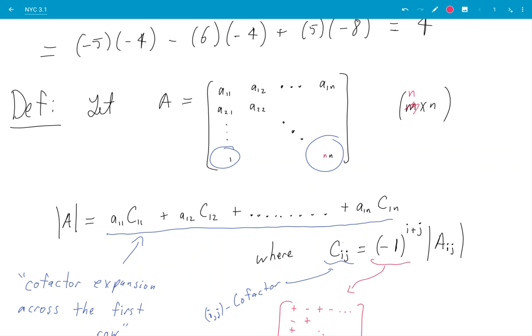So sorry about that. Please fix this in your notes. So this is an N by N matrix. So again, determinants only defined for square matrices.